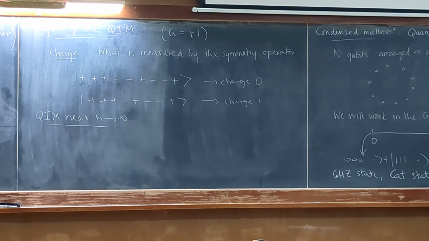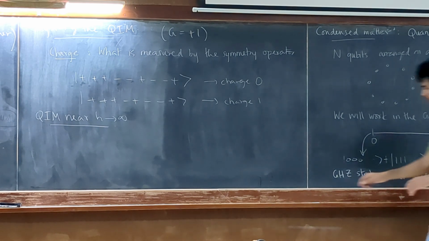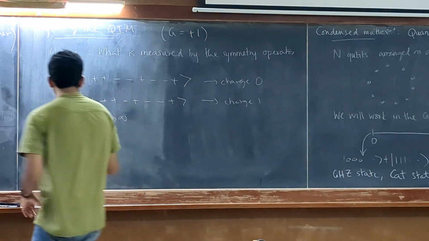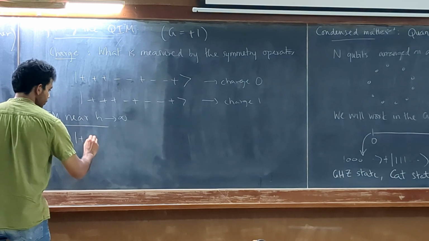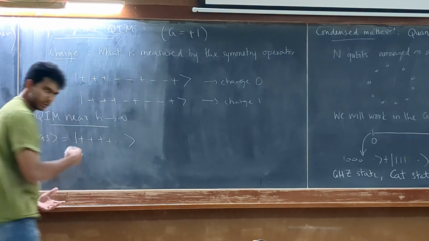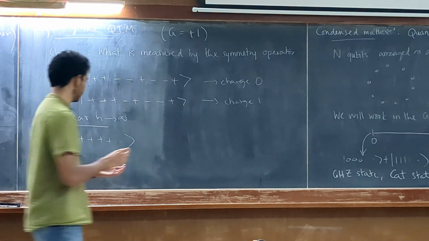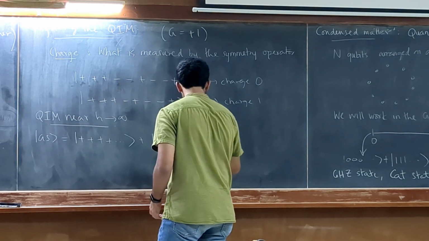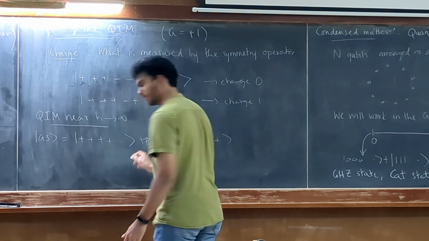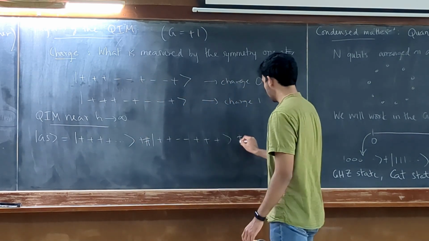This thing wants to align all the spins in the plus direction, whereas what this does is it creates pairs of spin flips, right? It flips two spins at the same time. So the ground state now looks like it's very close to the original ground state, but it's slightly perturbed, and there's a small coefficient here, right?